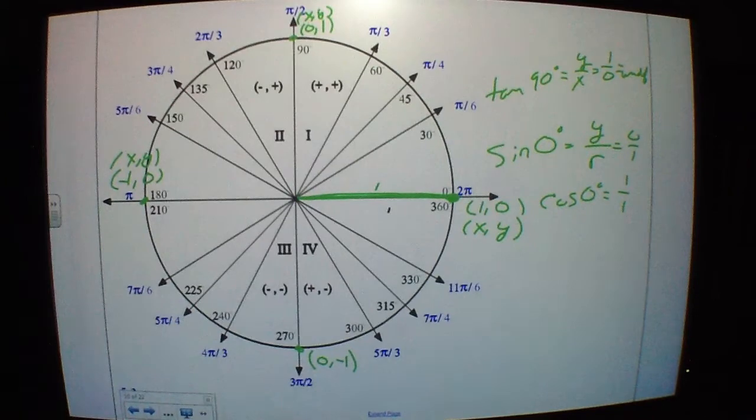Okay? So at those quadrantal points, x is 1 or negative 1, or x is 0, or the y points will be 0, 1, or negative 1 at the quadrantal points if you have a unit circle.